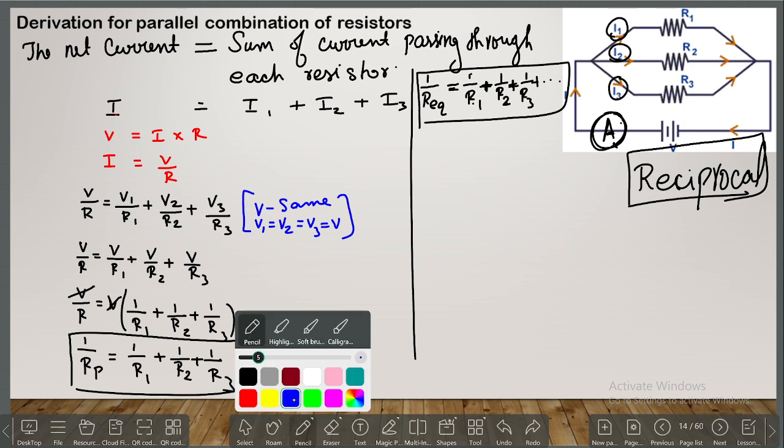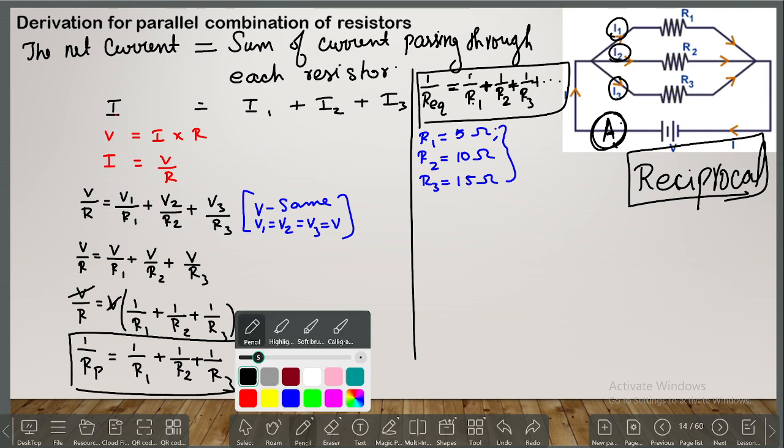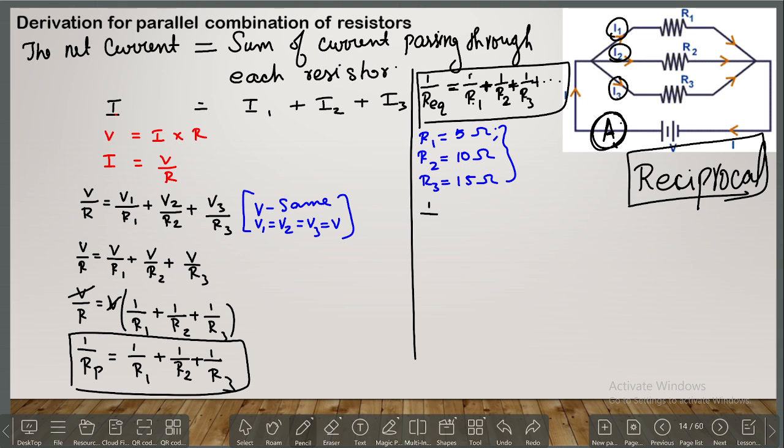And then, for example, let's take the value of R1 as 5 ohm, R2 as 10 ohm and R3 as 15 ohm, and calculate the net resistance in parallel combination. So what is the formula over here? 1 by R equivalent is equal to 1 by R1 plus 1 by R2 plus 1 by R3.